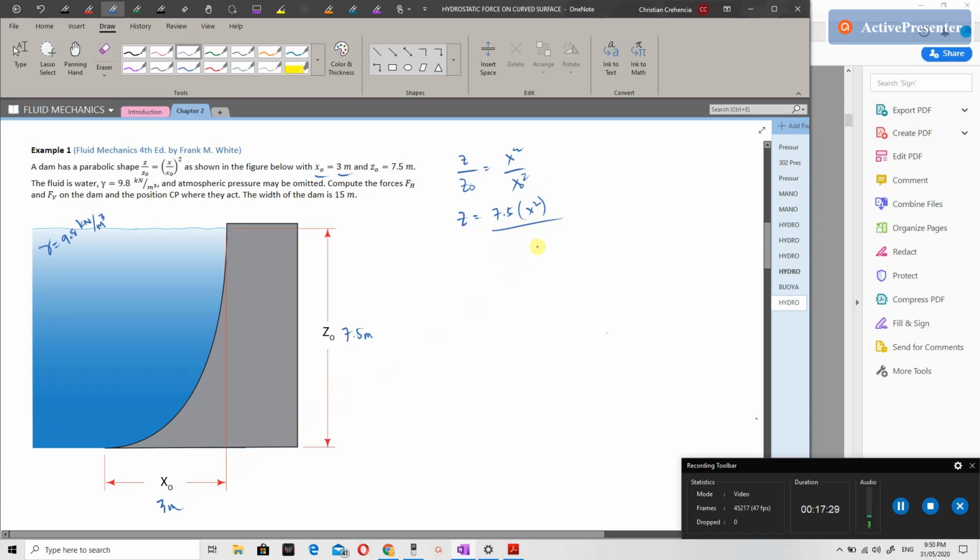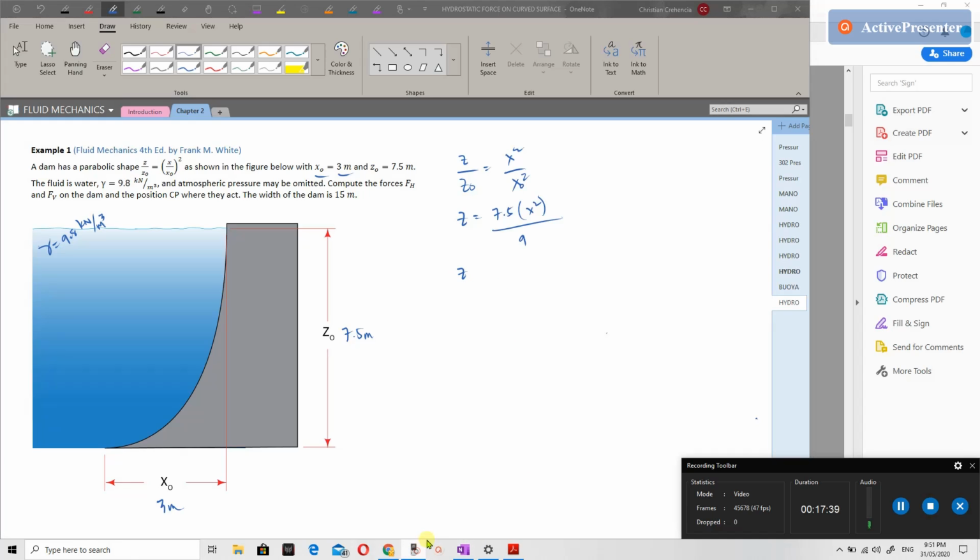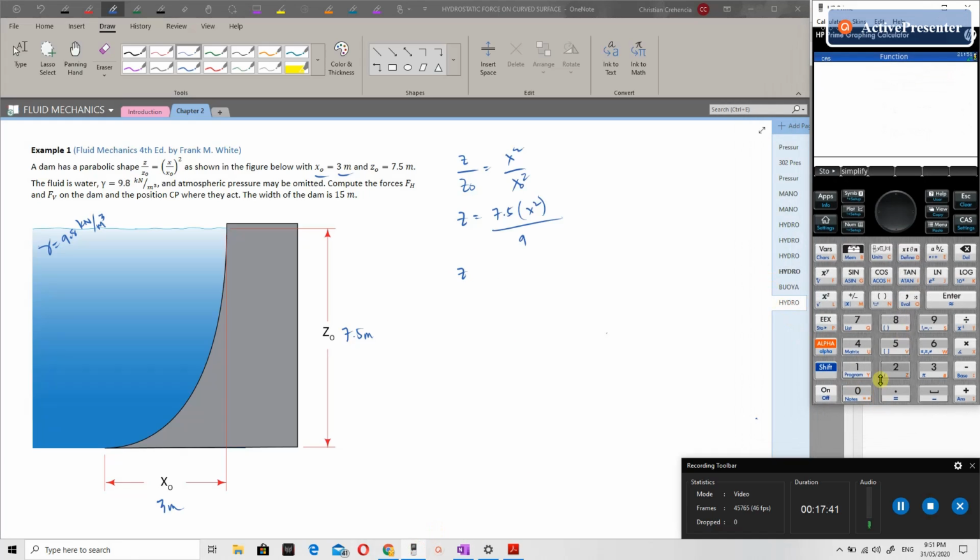X sub o is 3, so 3 squared is 9. Then our z, we have 7.5 divided by 9, which is 5 over 6.